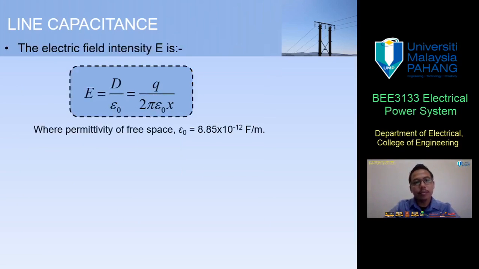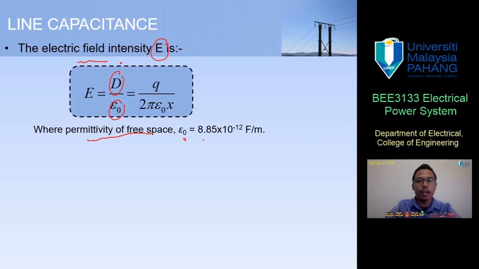Then from the electrical flux density D, we can simply derive the electrical field intensity, or E. It is very straightforward: we just divide it by epsilon 0, the permittivity of free space.